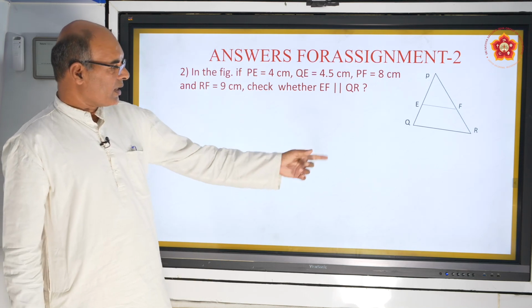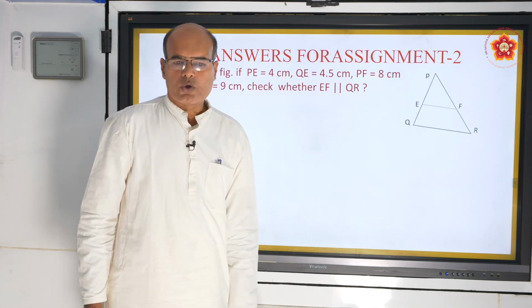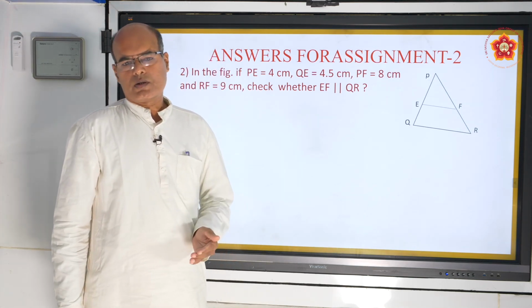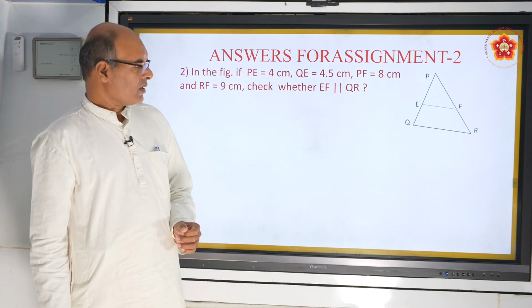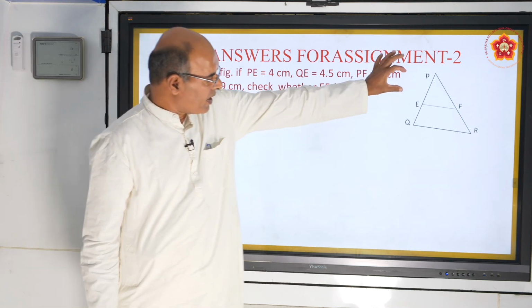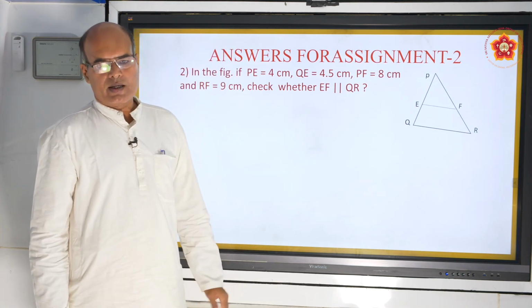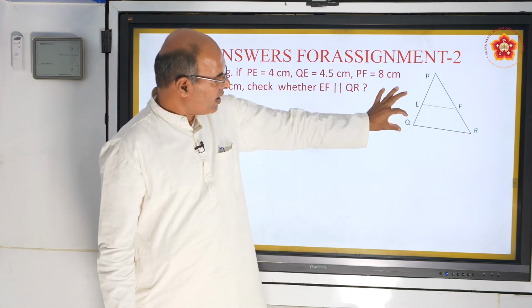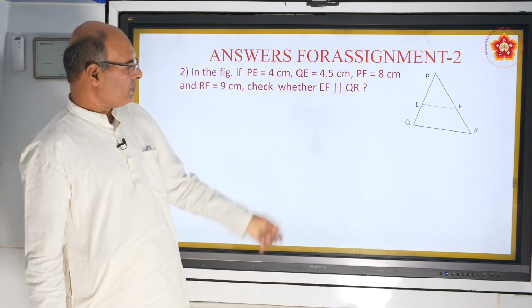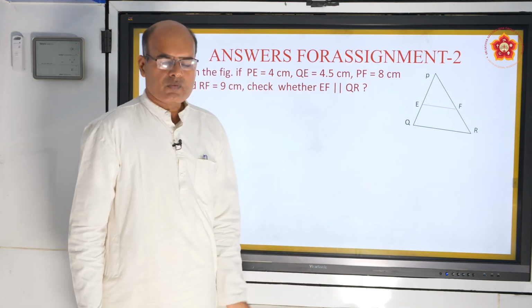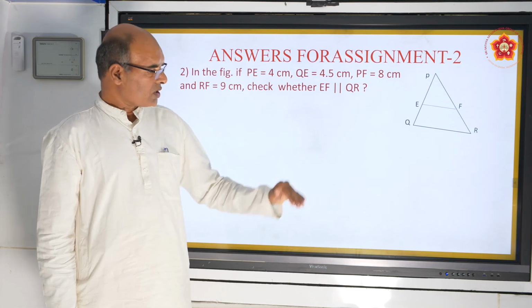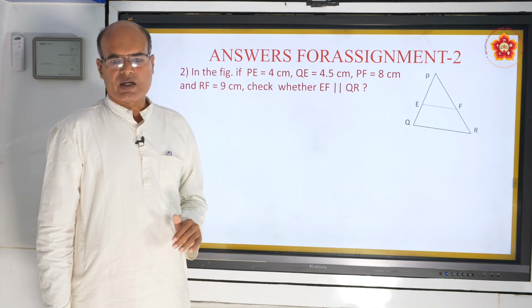Here we have to check whether EF is parallel to QR. So we have to use the converse of Thales theorem. For that, take the ratio of PE by EQ and PF by FR separately and compare. PE value is given 4 centimeter, EQ value is given 4.5 centimeter, that is 4 by 4.5, that is 40 by 45.